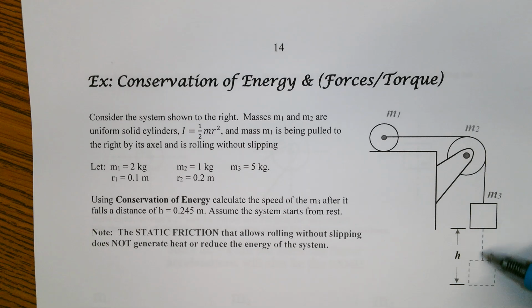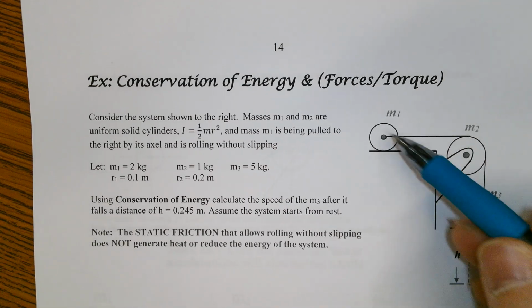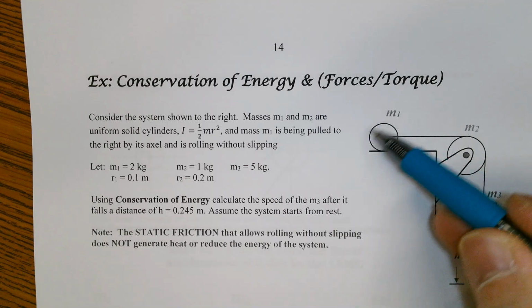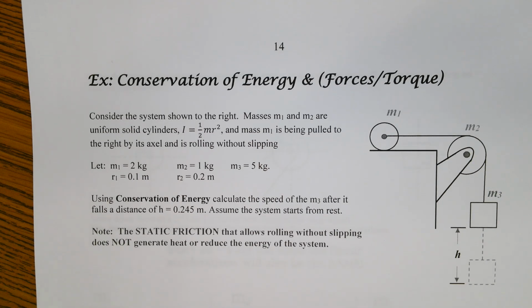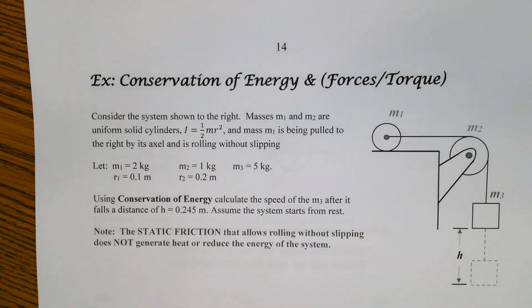As this M3 falls, it picks up speed, and as it falls to H, this will have translational kinetic energy, this will have rotational kinetic energy, and this will have rotational and translational kinetic energy after it falls H. Does that make sense? Right? Okay. So that's good to know.